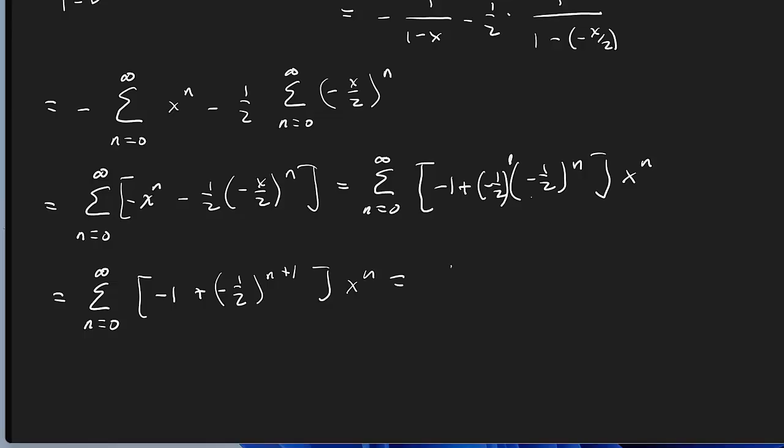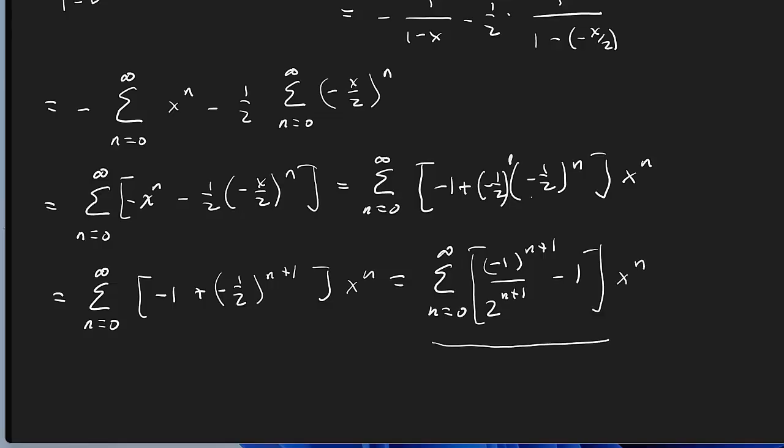And so let's go ahead and write this as the sum from n equals 0 to infinity of negative 1 to the n plus 1 over 2 to the n plus 1 minus 1, and then times x to the n. And I'm happy with this. We can just leave it like that right there.